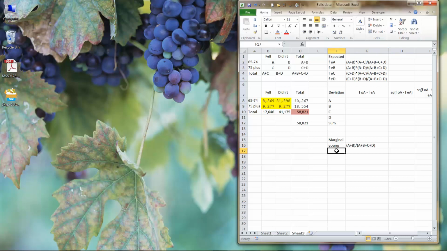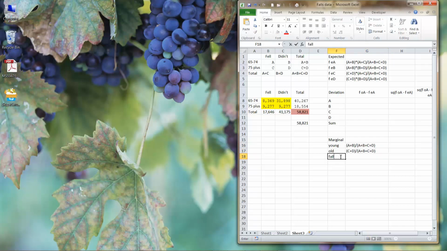The probability of being old is C plus D, the total number of our older, divided by the total.